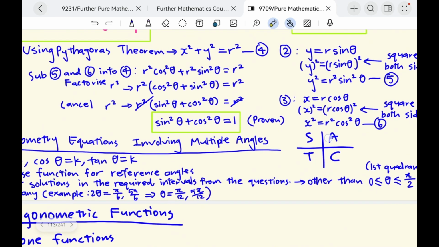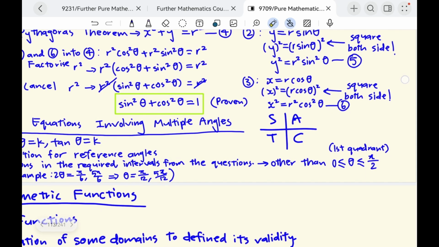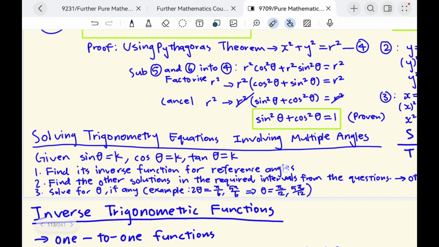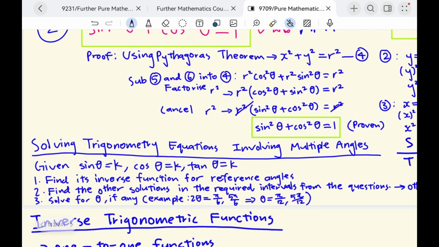the trigonometric equations. Find all the intervals, and then convert so that theta is the subject. Because sometimes the angle is not always theta or x, but it can come out as 2 theta, 3 theta, and even 4 theta.